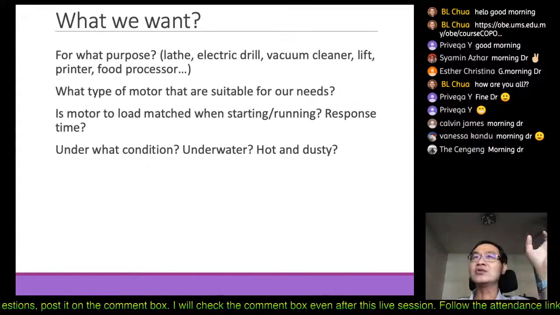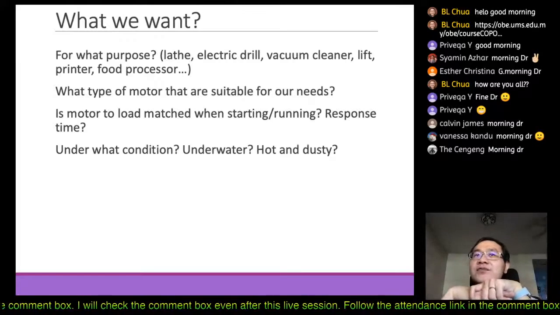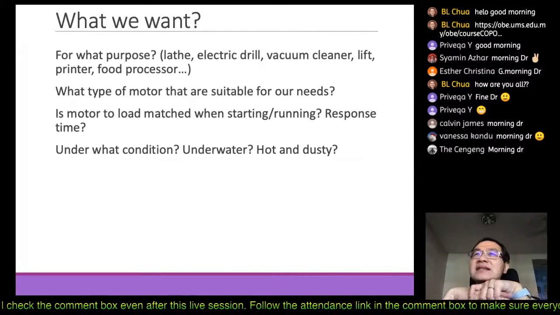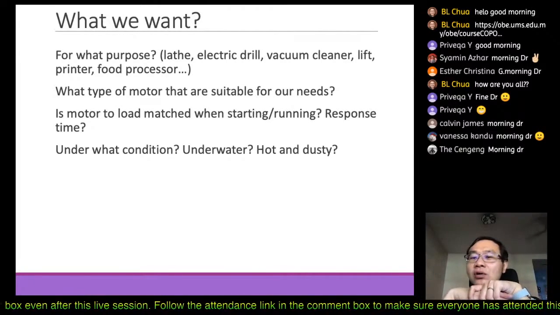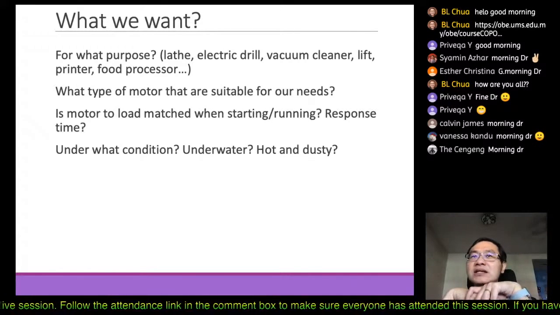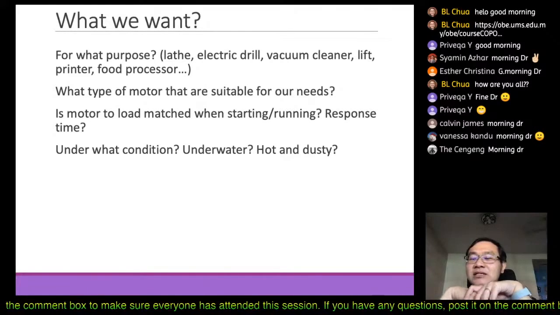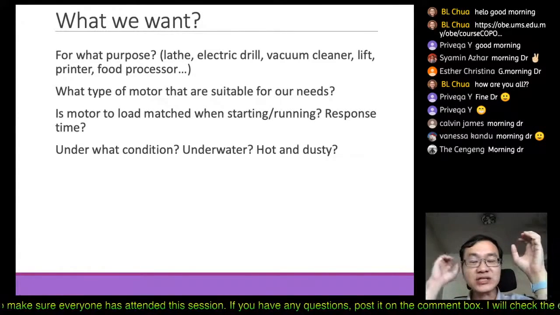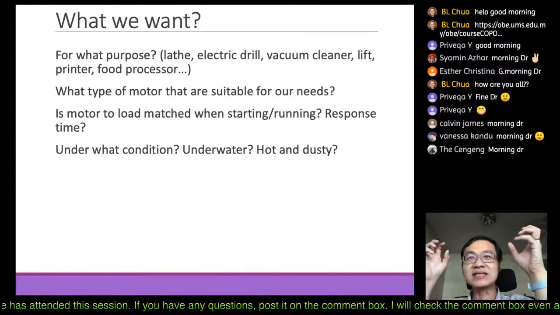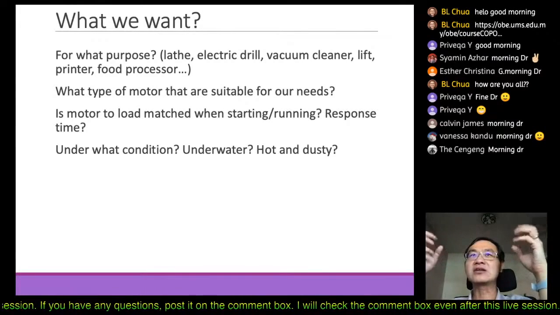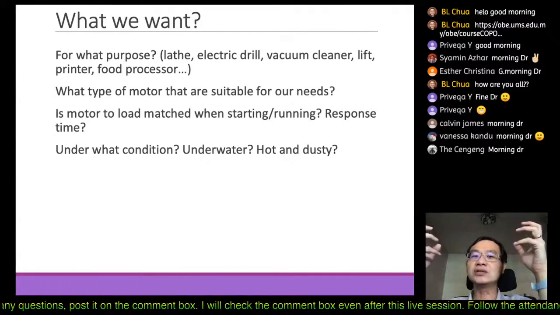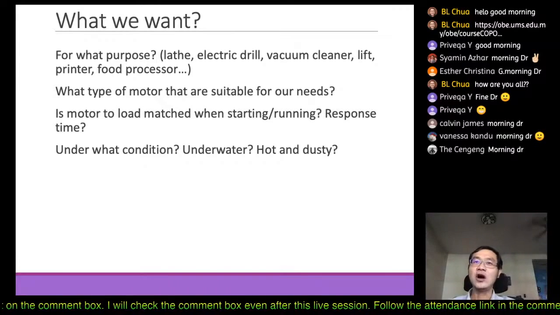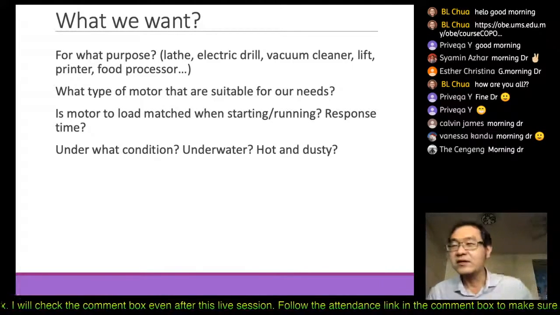In most cases in industry, we don't design the motor, unless you are working for the manufacturers of the motor, just like the bearing. You have to select instead of design, because these are the components that you need for the operation of your system itself.